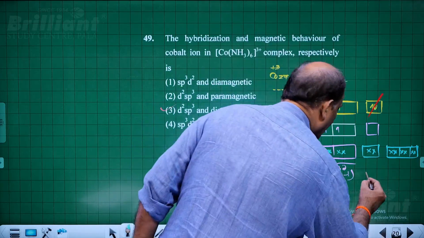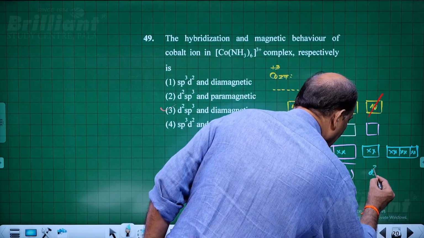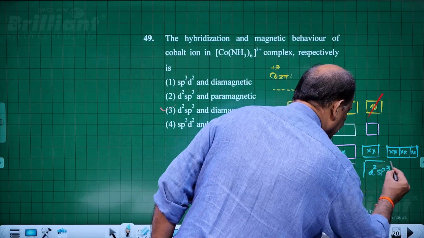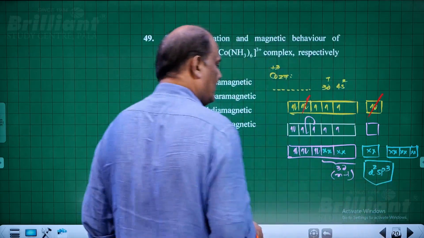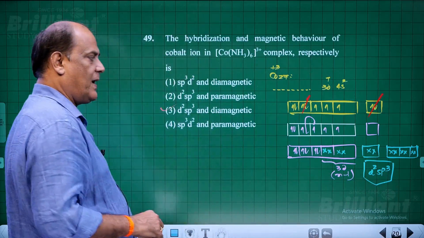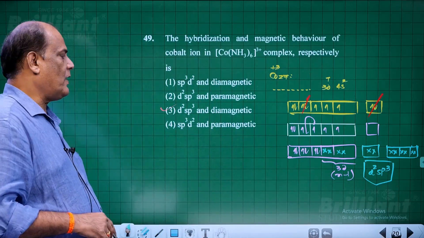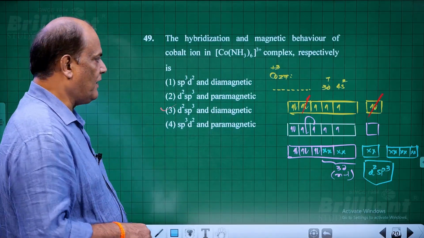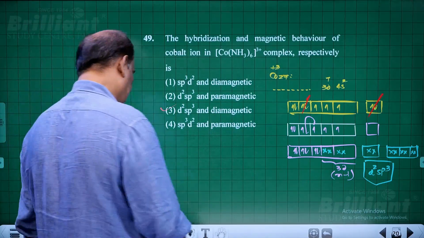So this is d2sp3 hybridization, and diamagnetic because there is no unpaired electron.